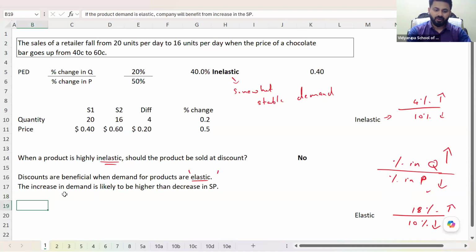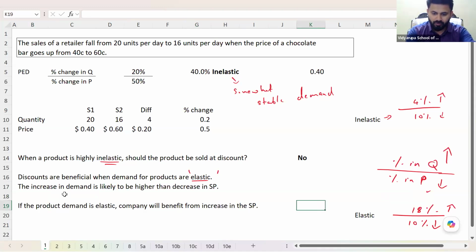Now I have a next question for you. True or false? If the product demand is elastic, the company will benefit from an increase in the selling price. True or false? Again, this will also be another example of how it can affect us.